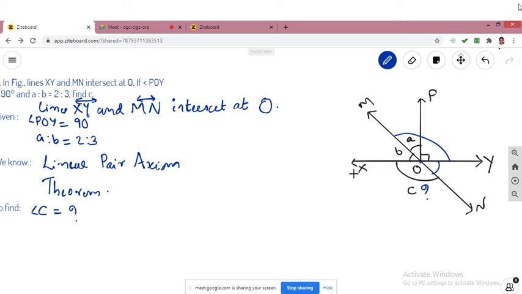Is everyone having the same opinion as Vasanta? Yes, ma'am. So everyone is thinking that the two lines XY and MN are intersecting at O, so angle B is equal to angle YON and angle C is equal to angle YOM. Is that true?